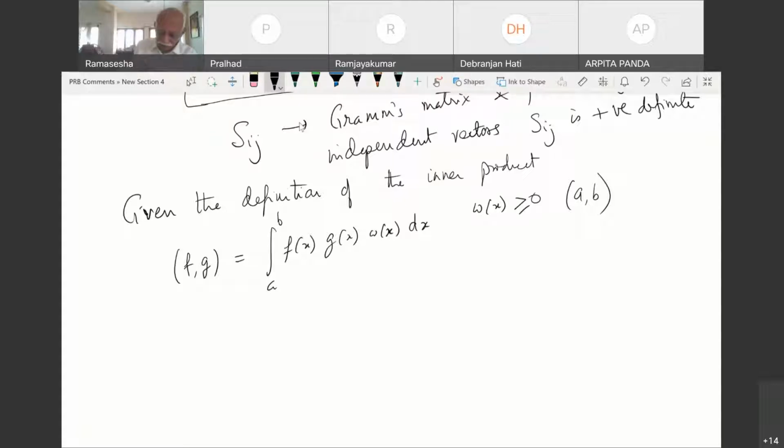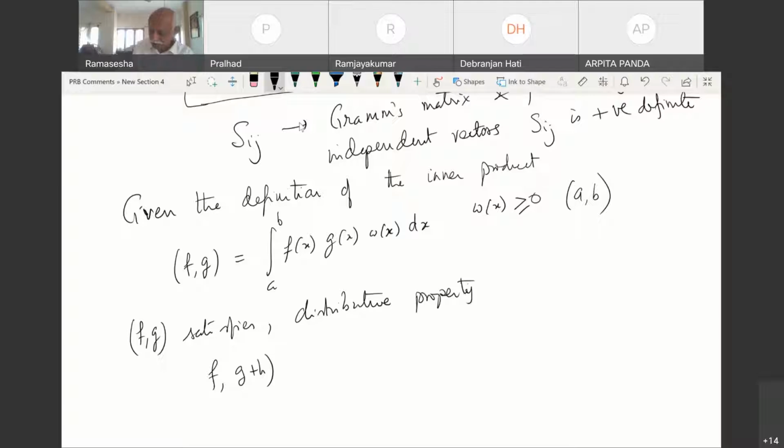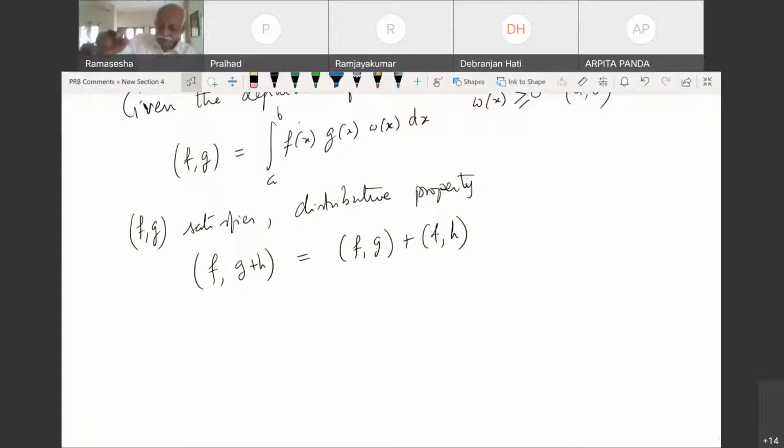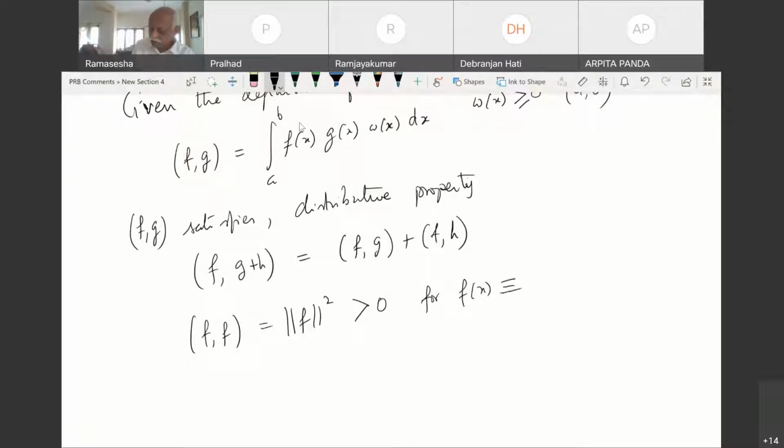That is, (f, g) satisfies the distributive property. That is, (f, g + h) is equal to (f, g) plus (f, h), and it also satisfies that (f, f), which we call norm f squared, is greater than 0 for f(x) not identically equal to 0.